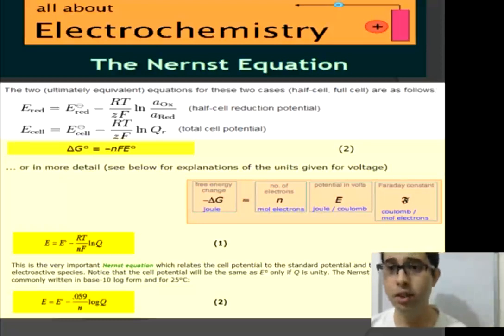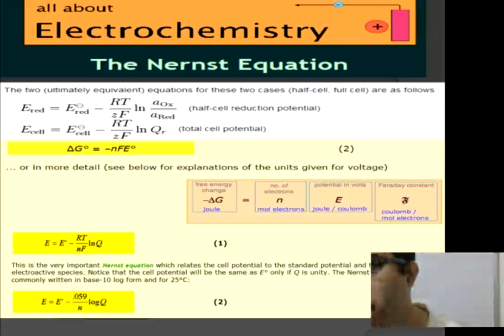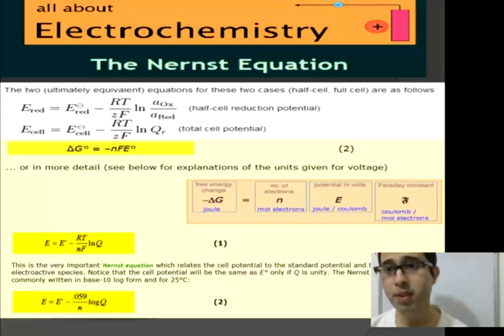So your final equation becomes E equal to E0 minus RT by NF ln Q, where ln Q, as we talked about in free energy, is also an equilibrium constant, and this is nothing but the ratio between the activities of the product species divided by the activities of the reactant species, or oxidized species by reducing species.